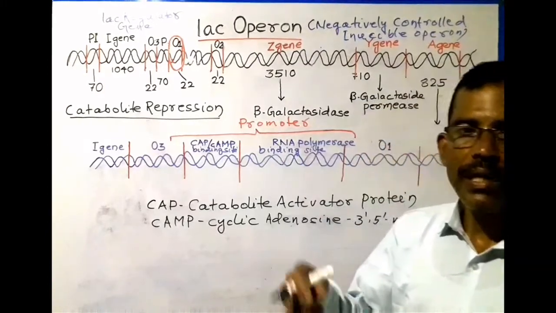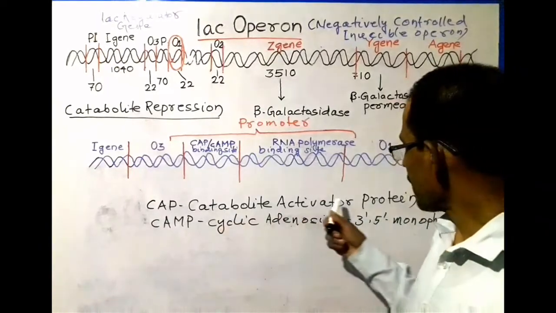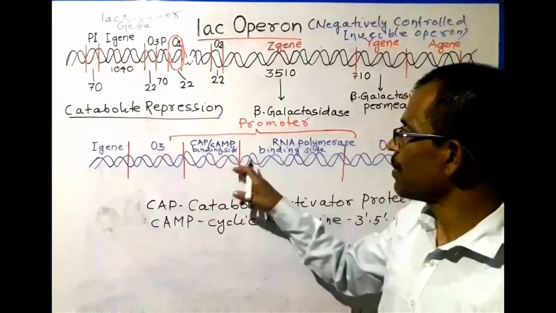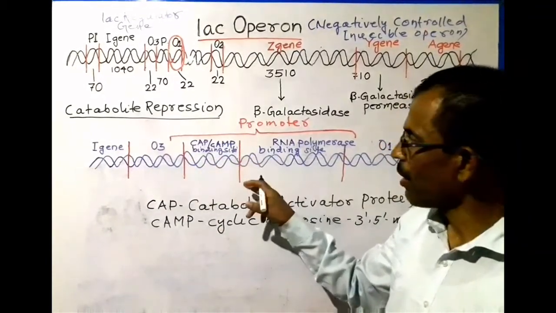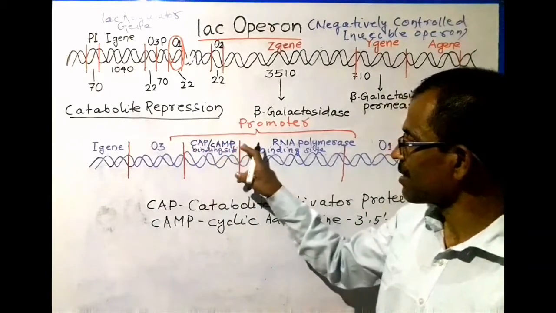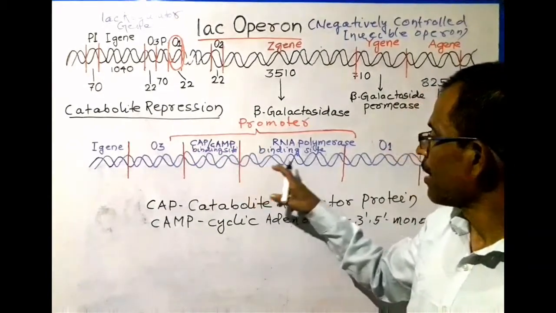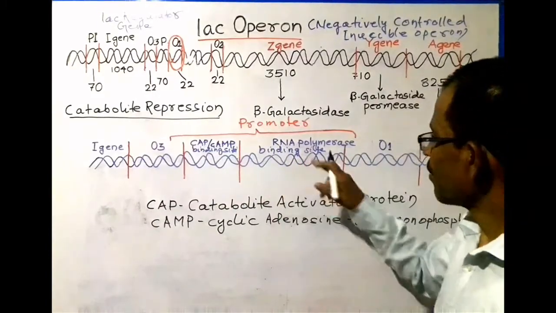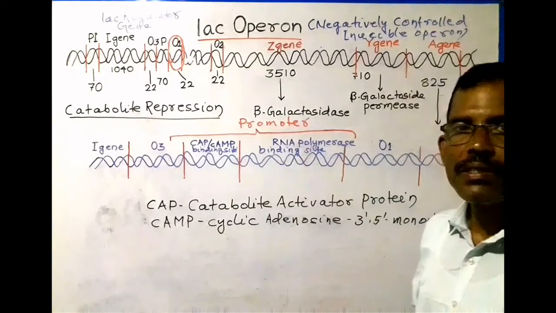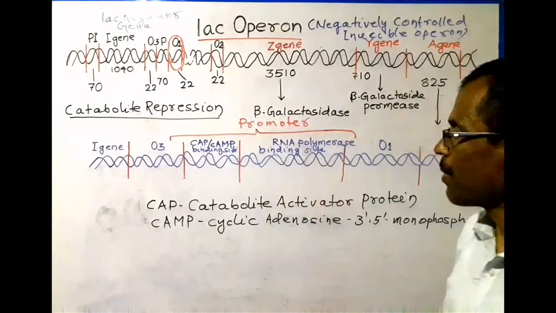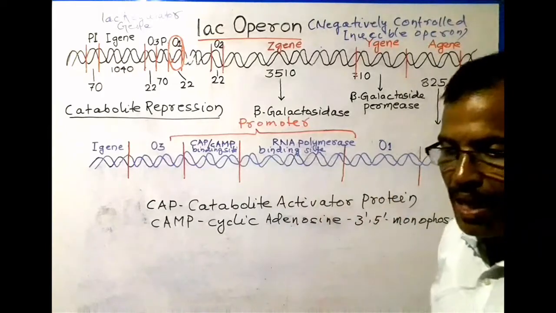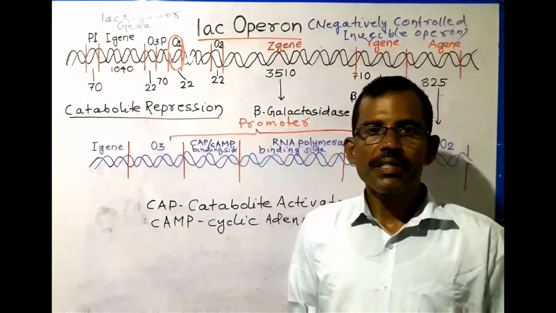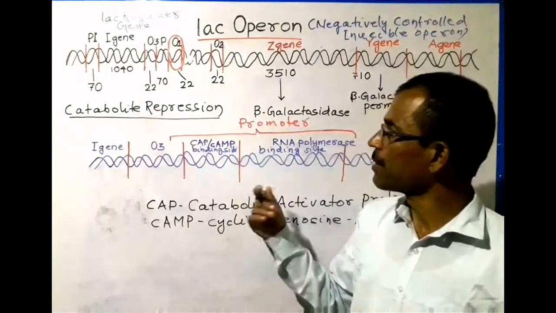In the absence of cyclic AMP, the catabolite activator protein alone cannot bind with the CAP-cAMP binding site. So when the CAP-cAMP complex is absent at its binding site, the RNA polymerase also cannot bind with its binding site. So in the absence of binding of the enzyme RNA polymerase, the genes cannot be transcribed. So the LAC operon will be repressed. So friends, this is the mechanism of catabolite repression.